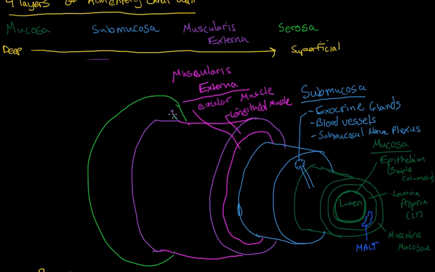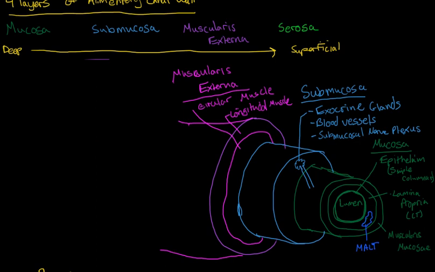So I've drawn this a little bit too thick here. Let's see if we can redo it actually. I'm trying to make this a tiny bit thinner. Okay, this will help a little bit.